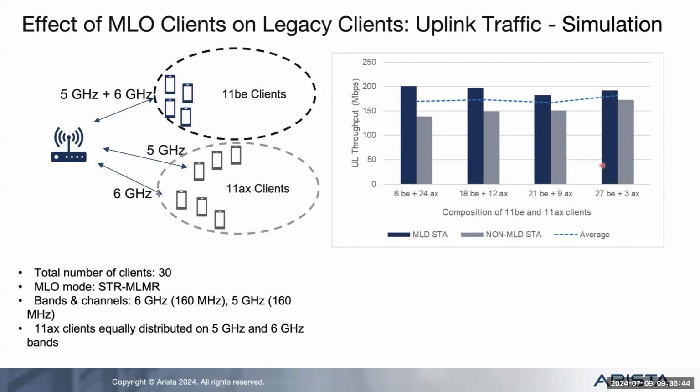Sure, yeah. Those are some of the experiments we need to conduct, as you suggested. But at a very high level, the overall impact here is that the density of the legacy clients, especially 6E, does not impact the throughput of Wi-Fi 7.